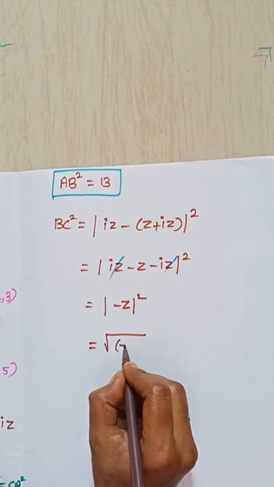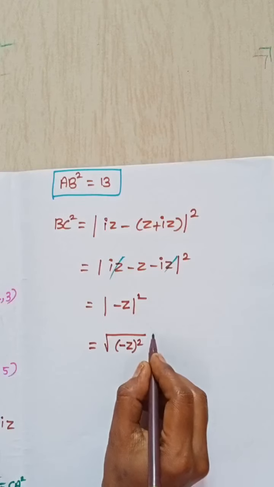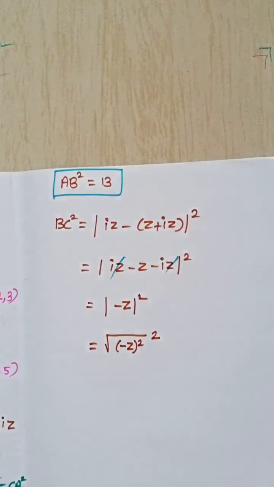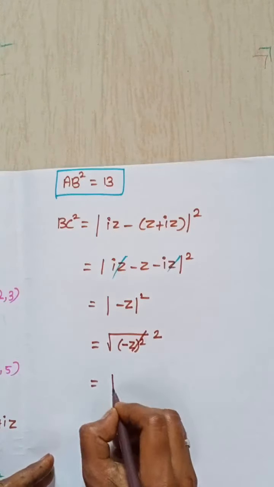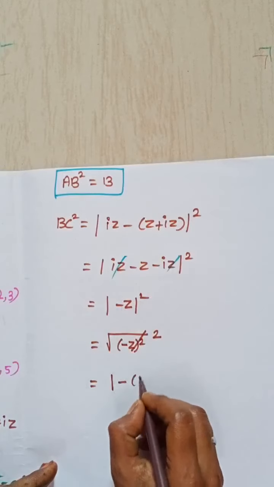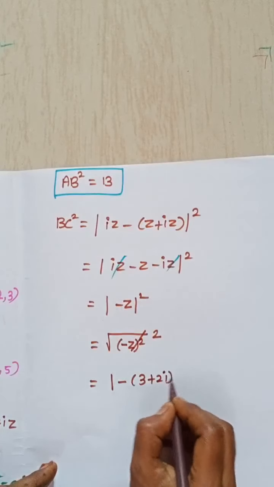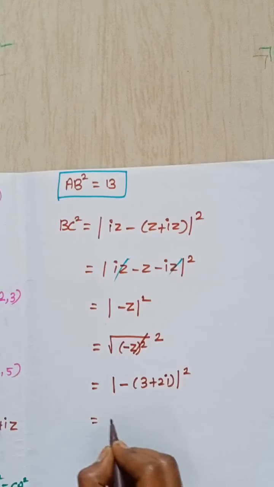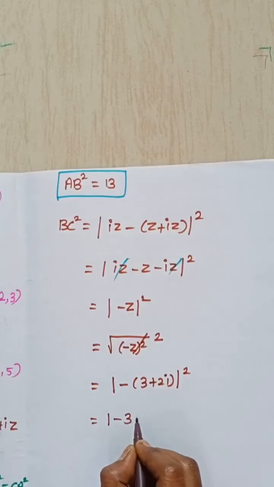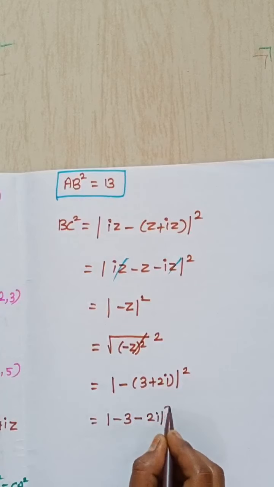Or otherwise we simply write modulus of minus z, where z is 3 plus 2i, the whole square, which is equal to modulus of minus 3 minus 2i the whole square.